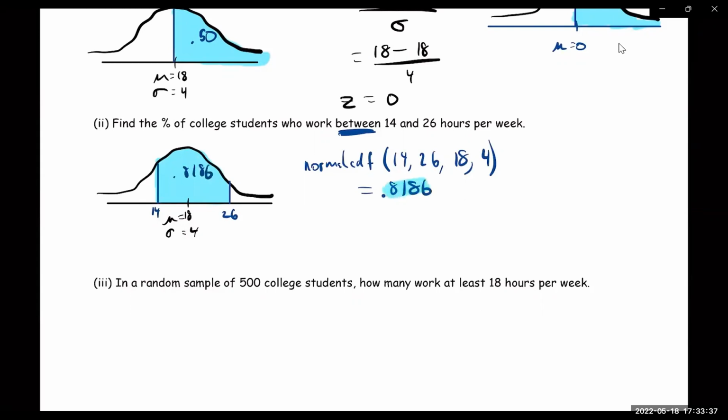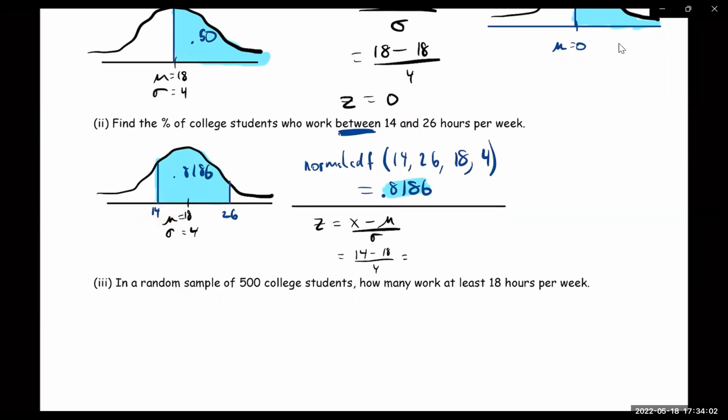All right. So now let's do it without the calculator. So the formula is Z equals X minus mean over standard deviation. All right, we have to do it twice. One for the 14 and one for the 26. So let's do the 14 first. So 14 minus the mean, 18, divided by 4.